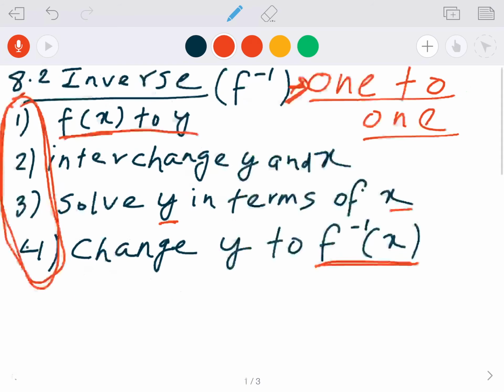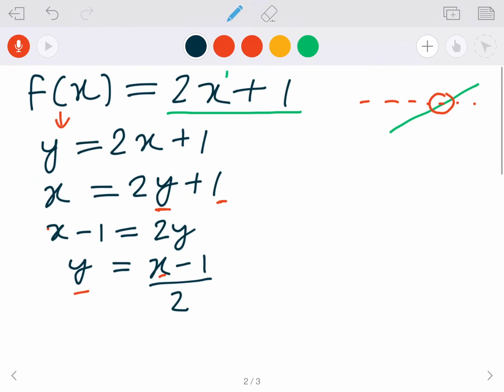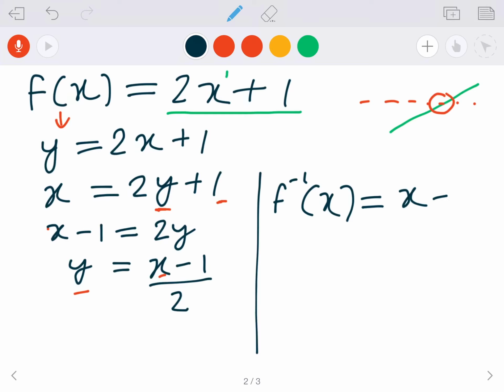So now the last one is change y to f inverse of x. So y to f inverse of x is equal to x minus 1 over 2.